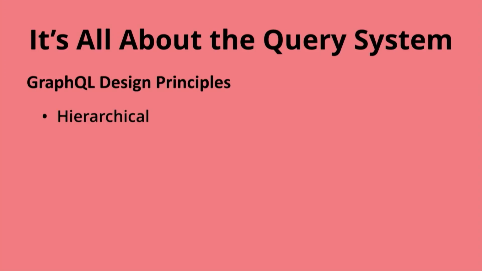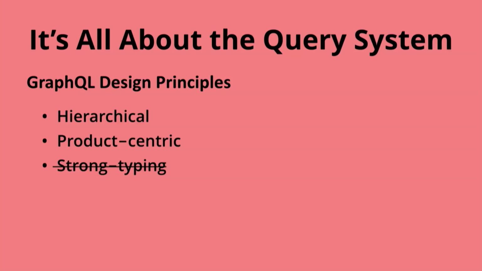If you're willing to give up some of the things of GraphQL, you can use the query system as a kind of state management and fetch system with your components and not have everything else. So if we look back earlier, you can still get the hierarchical data structure. You still get product-centric. Hopefully you're thinking about the product and not just making weird queries on purpose to be rude. Strong typing, yeah, bye, sorry.